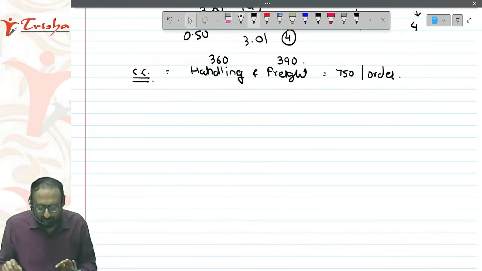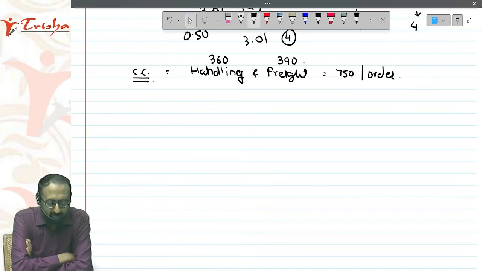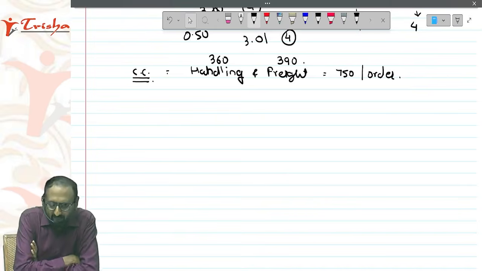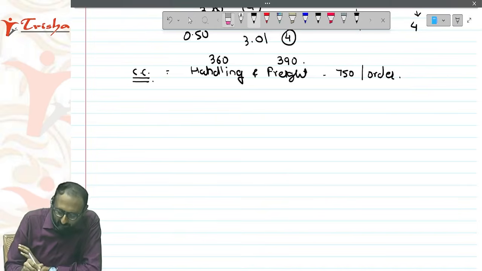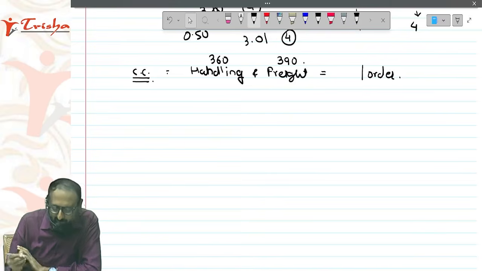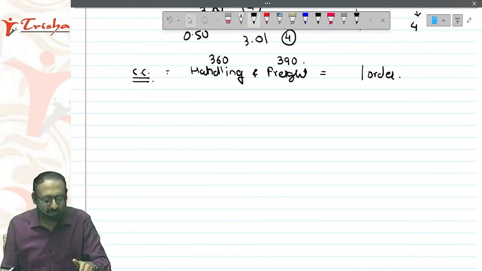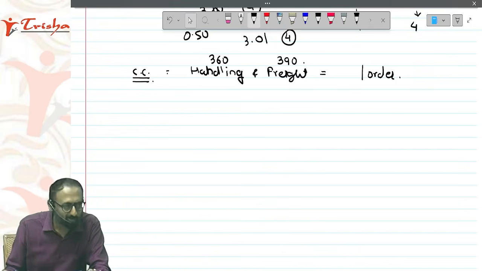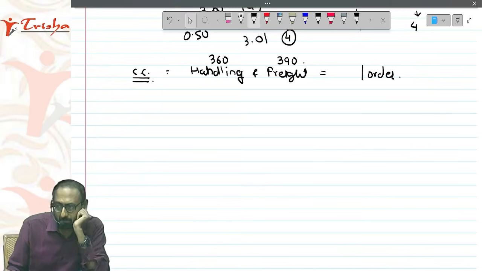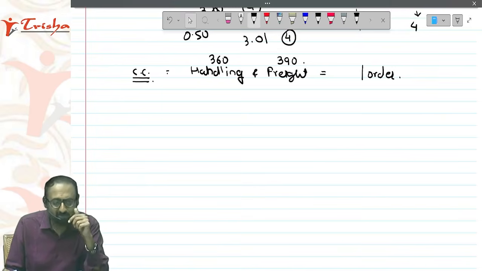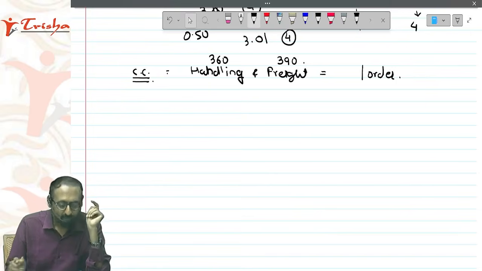First, everyone please tell me, handling charges and freight are given per order. Is it an ordering cost or is it a carrying cost? Material handling cost is 360 and freight charges is 390 and it is given per order. Then is this handling and freight an ordering cost or carrying cost?